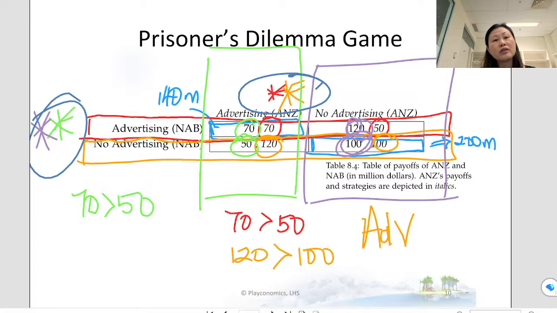That is true vice versa. Now, we know that both players have a dominant strategy. Therefore, we know the outcome is that they will play their dominant strategy. And this is what we call a prisoner dilemma game.